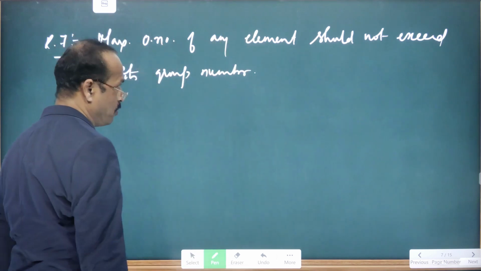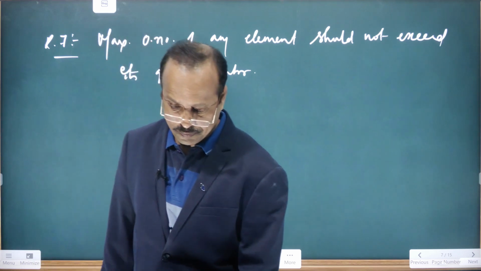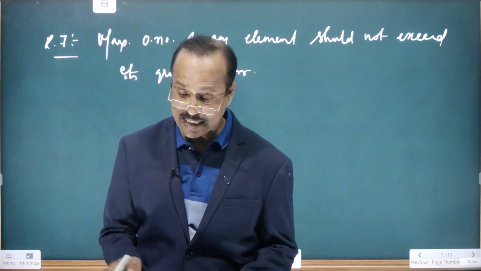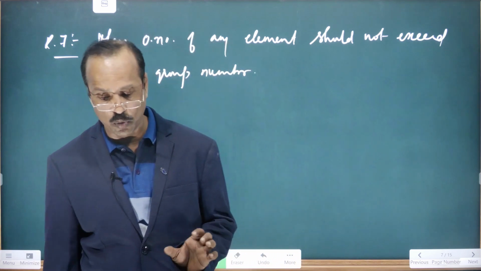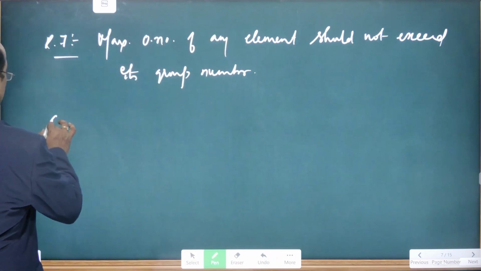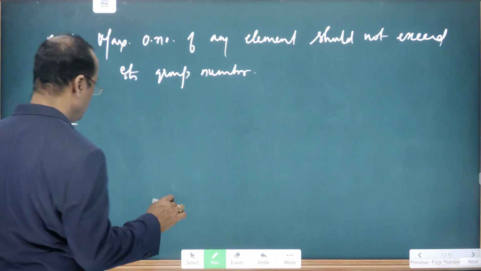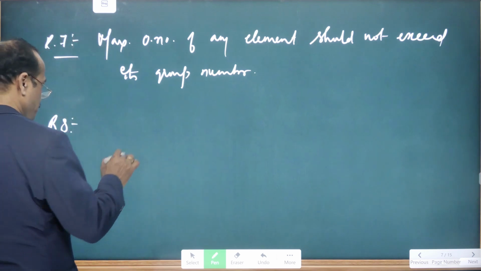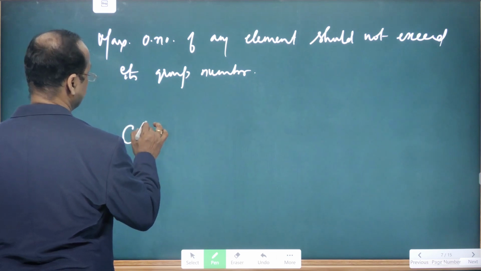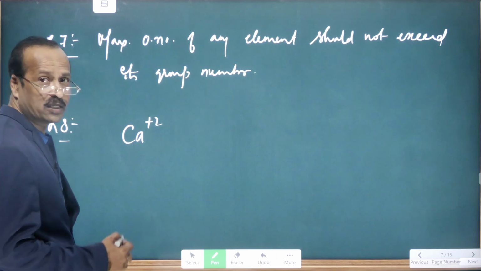Okay, this you have to remember. Now, 8th rule: the oxidation number of an atom in its charged monoatomic ion is equal to the charge on the ion. For example, if I write Ca2+, what is its oxidation number?